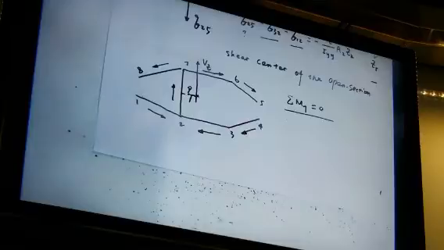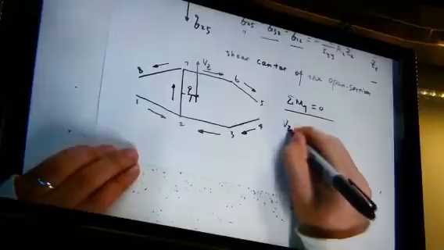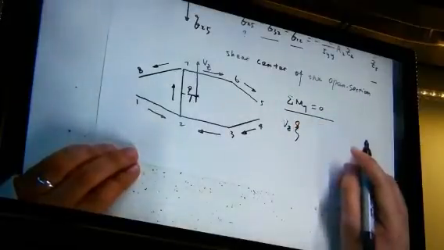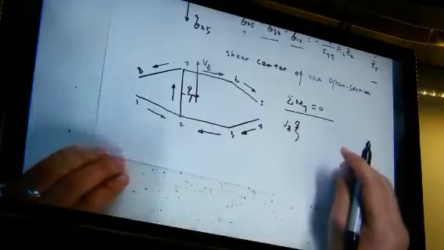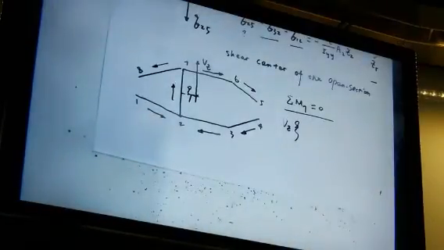Force times this much is counterclockwise, so it's positive. VZ Kc. This is the moment contribution from the external force, and then shear flow. Shear flow is a force, but the unit of shear flow is force per length. Okay, that is how we understand shear flow. Shear flow is a force, but it's force per length.